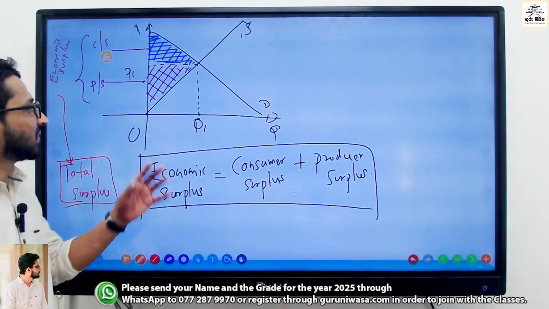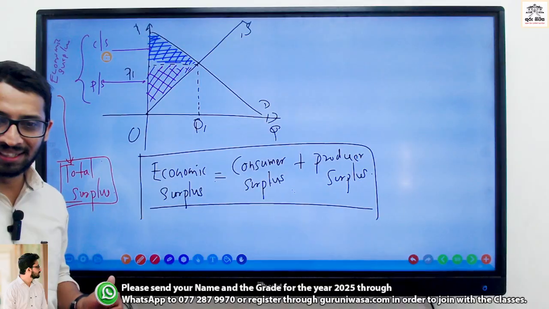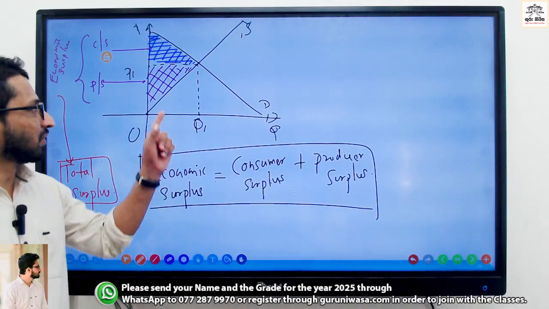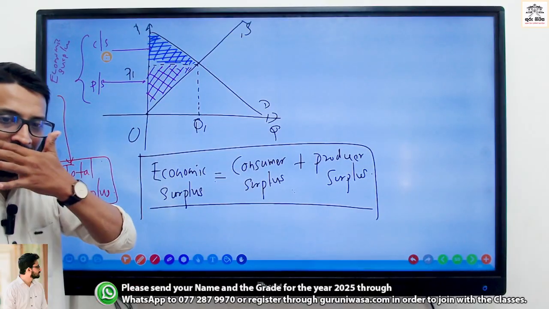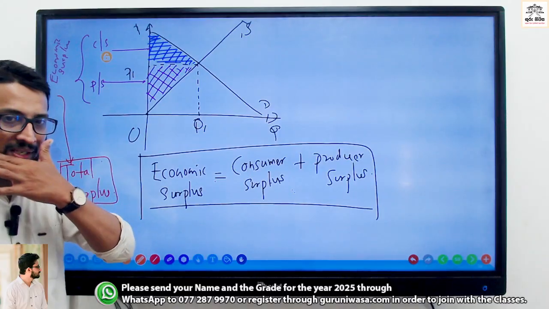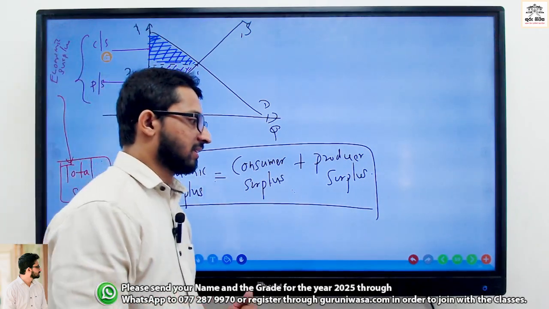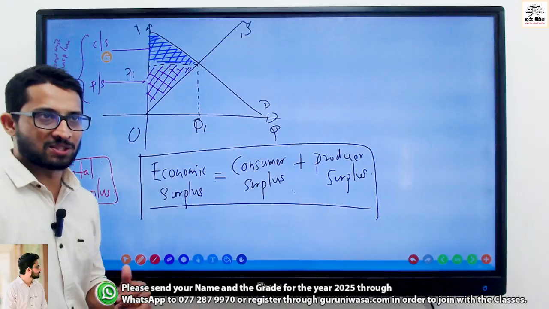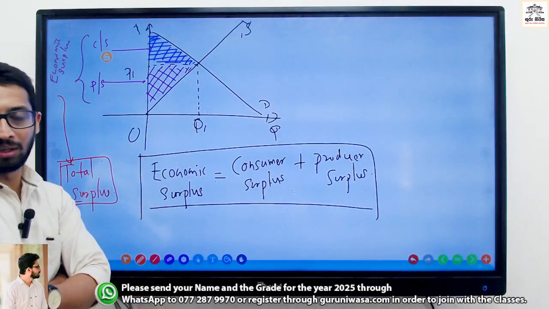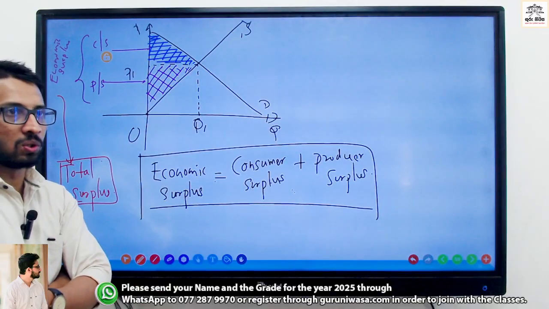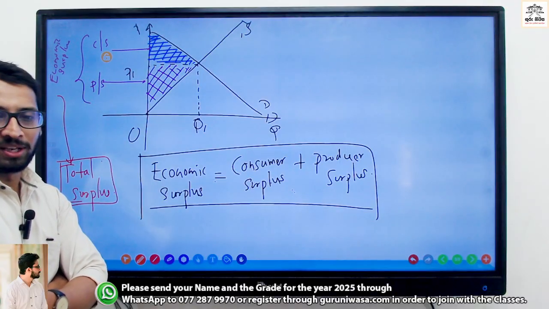And children, it's better to draw this one also. There's no space given. Draw the graph next to it, or you can use a sticky note. Clear? There's no specific space to show total surplus or economic surplus. You can draw it where you like.